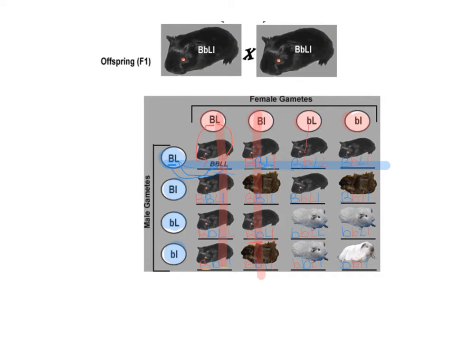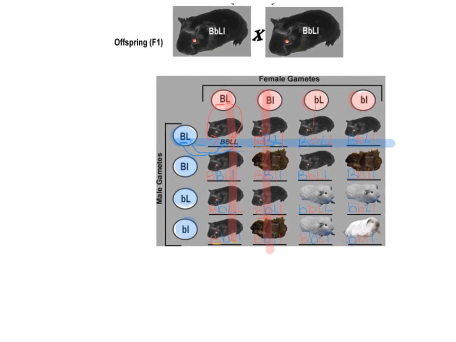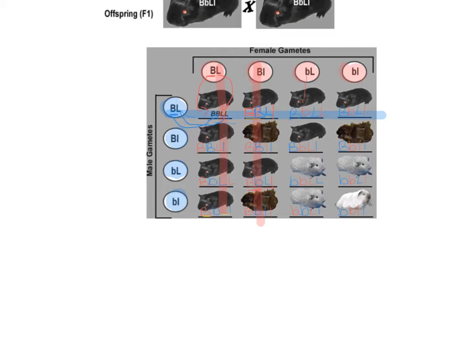Now remember, I'm never going to ask you for a genotypic ratio in dihybrids. I'm only going to ask you for a phenotypic ratio. So again, this is the guinea pigs, where black is dominant over white and long hair is dominant over short hair. So what you would do is out of the 16 guinea pigs, you would count how many have black hair that's short, my two dominant traits.